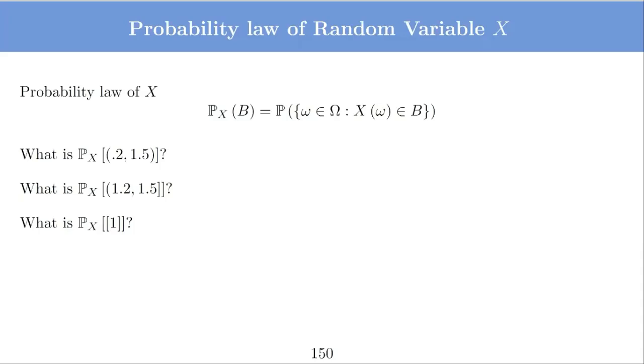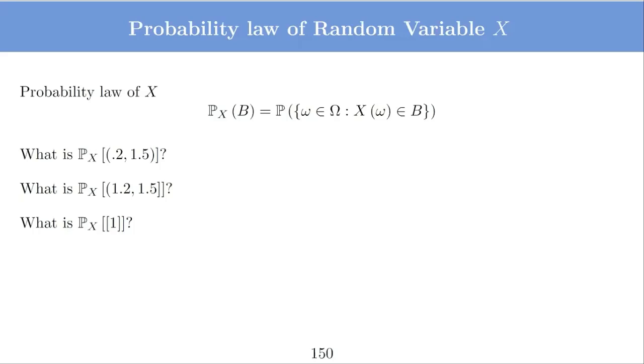So if I ask you what is P_X of the set 0.2 to 1.5, you have to calculate all omega which map to this set. Does X(h) belong to this? For h, X(h) is 1, which belongs to this set, so the pre-image will contain h.